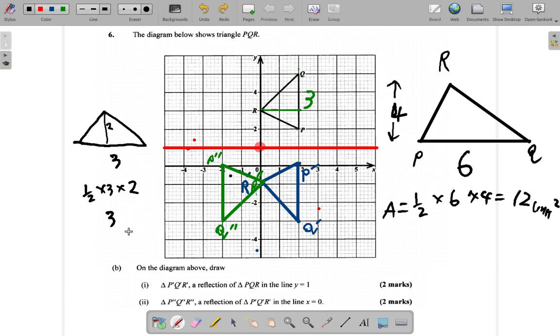Now remember, if you multiply the size by 2, then you multiply the area by 2 squared, which is 4.